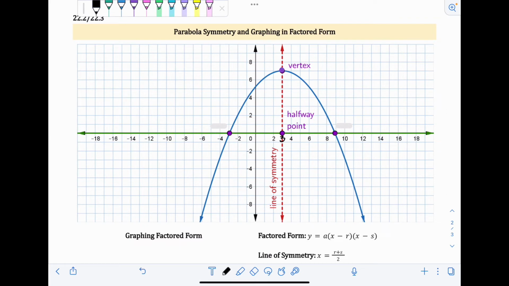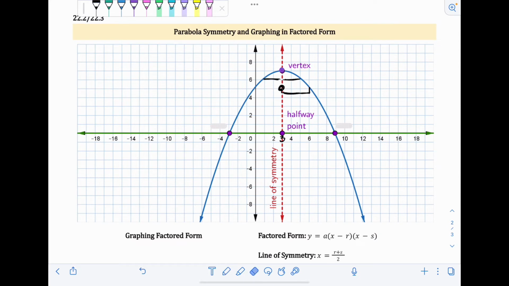So this is from 3 to 9, which is 6. And then this way is 3 to -3, which is also 6. So it's 6 in both directions, and that would be the case for any point that I put on the line of symmetry. So this is 3, this is 3, this is 2, this is 2, and so on.